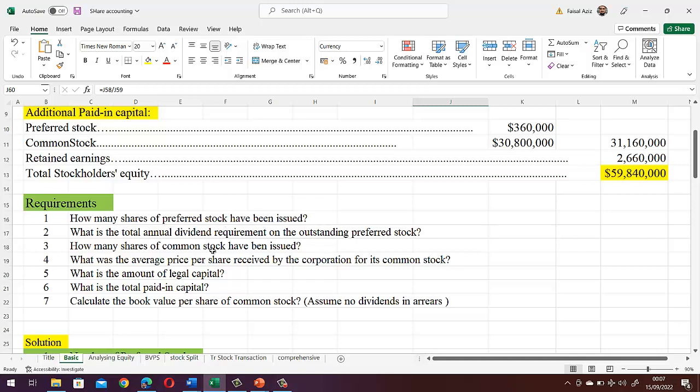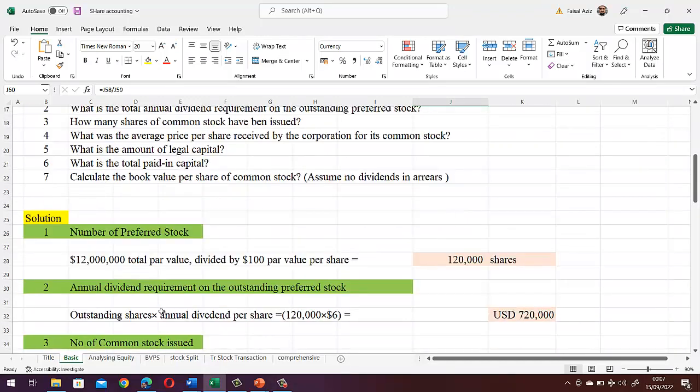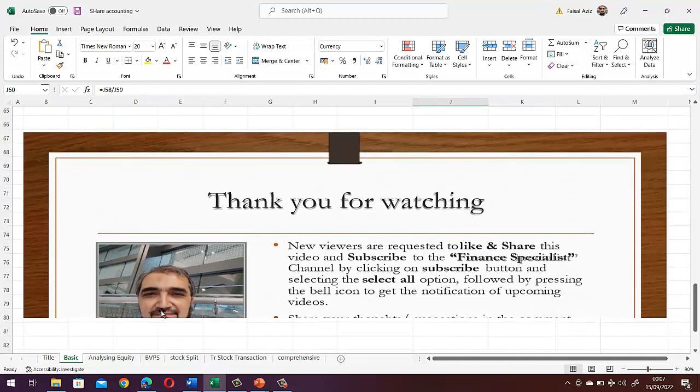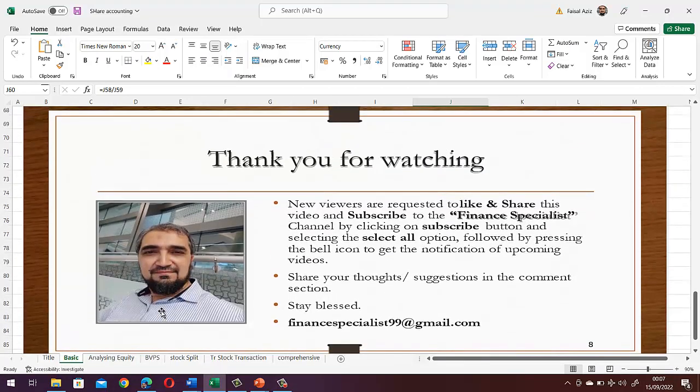Similarly, annual dividend requirements on the outstanding preferred stock, calculation of shares of common stock, and also the average issuance price of the common stock, also the amount of legal capital and total paid in capital, followed by the book value per share of common stock. Viewers, I hope you have understood all these measures.